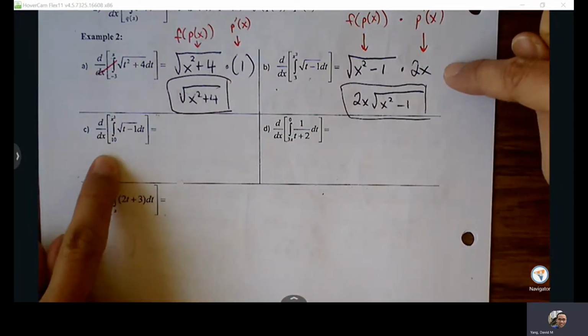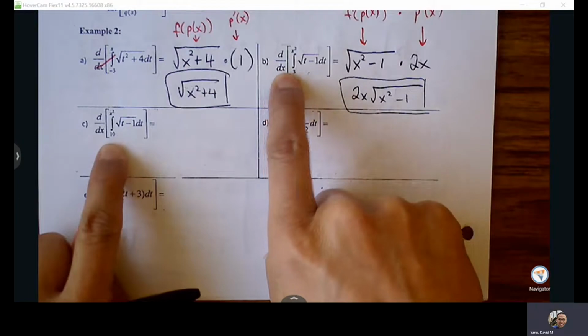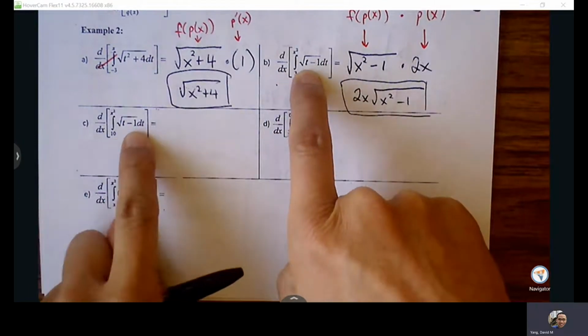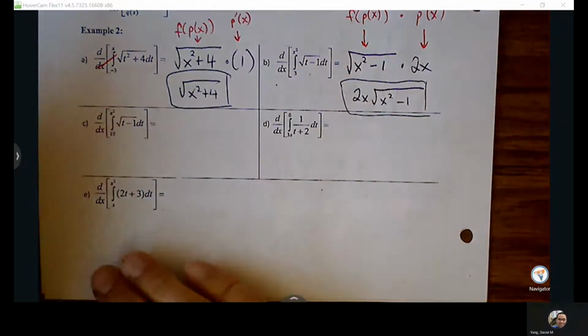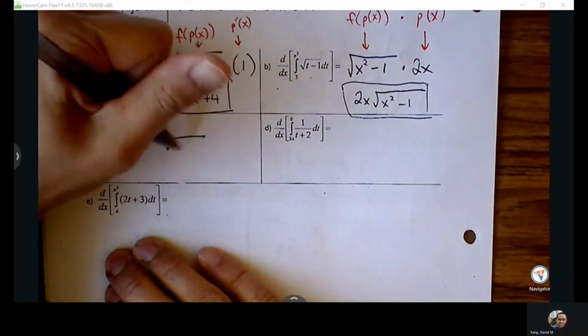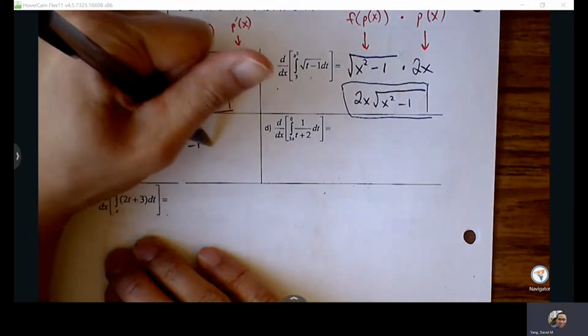Yeah, same as B, right? Even though the lower bound is different, everything is the same, so that just goes to show that lower bound has no impact on my answer here, because it's a constant.